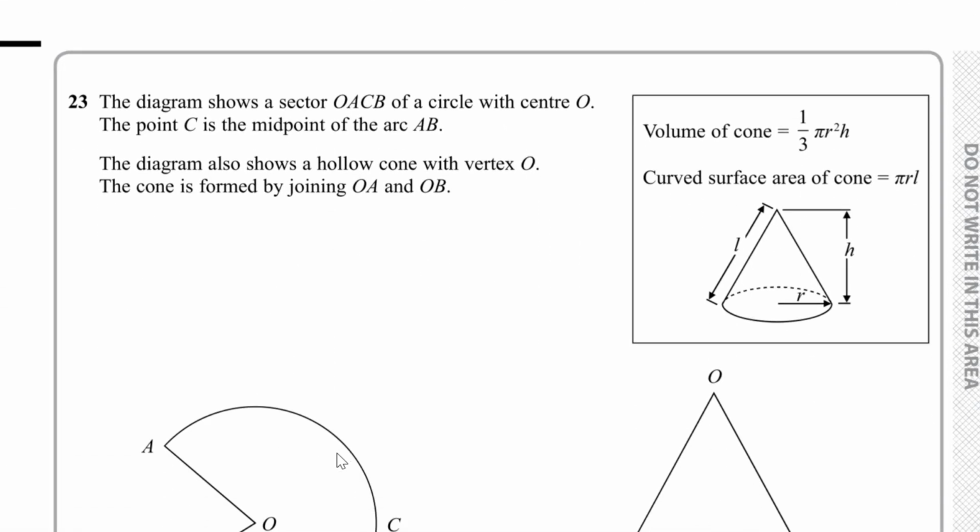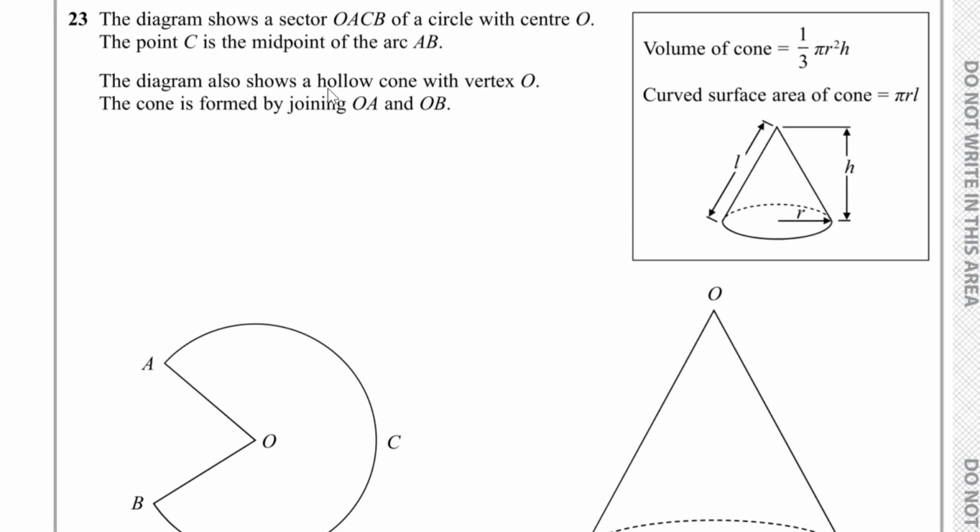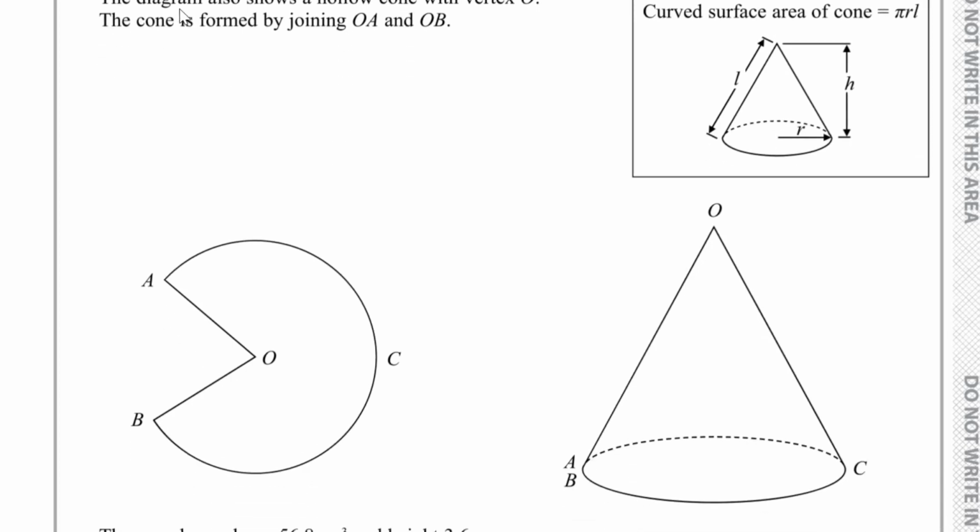Question 23. The diagram shows a sector OACB of a circle with centre O, and the point C is the midpoint of the arc AB, and the diagram also shows a hollow cone with vertex O, and the cone is formed by joining OA and OB. So hopefully you can see by joining this line to this line here, we get this cone here.